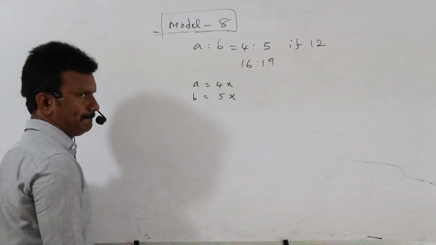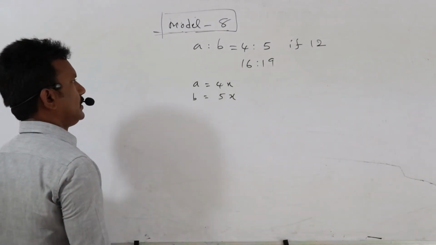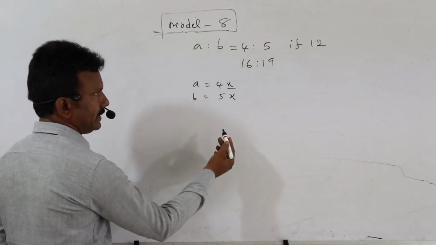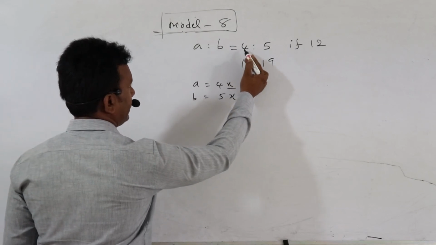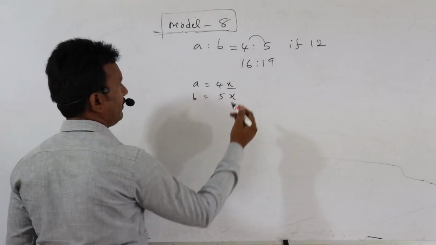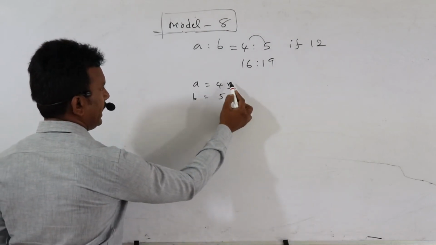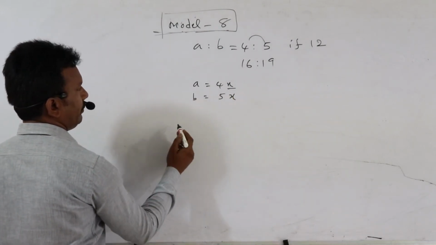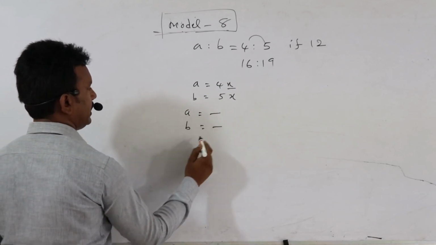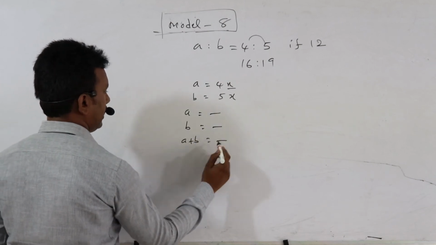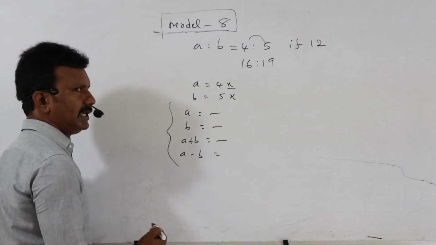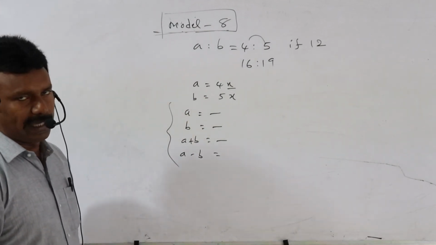So we have to find x. After that, we can find the first number, the second number, the difference of the numbers, or the sum of the numbers. So in case of finding x, we can easily find these four results: the smaller number, the first or second number, the sum, or the difference.